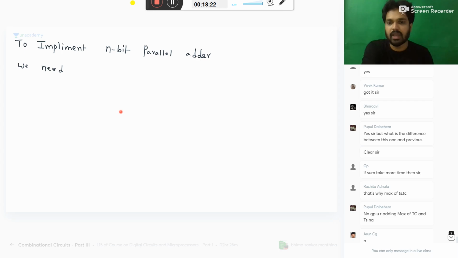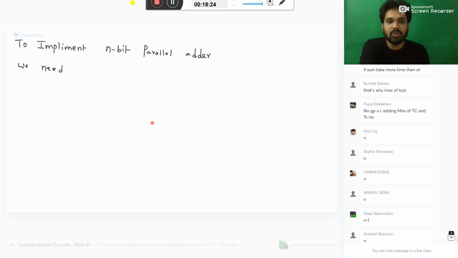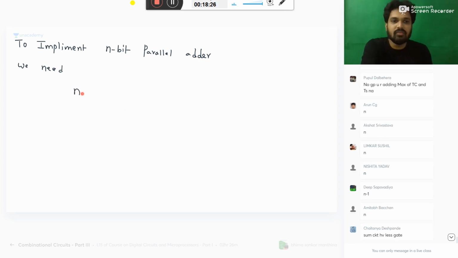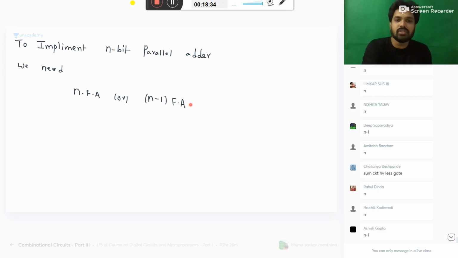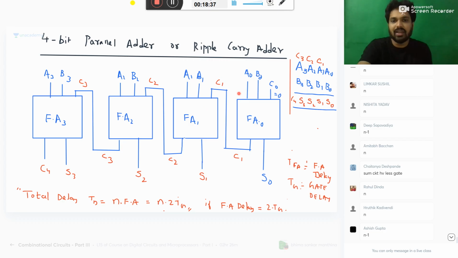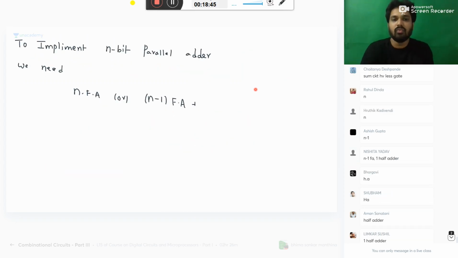That's why we took maximum. We need originally n full adders, or you can also do this by n minus 1 full adders, and first bit you see, first bit doesn't require 3 bits addition. Here 2-bit addition will also do my job because this carry input is assumed as a 0. So you can say 1 half adder.